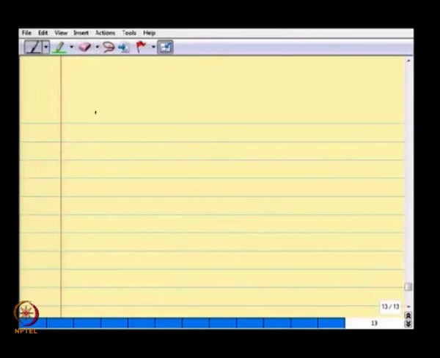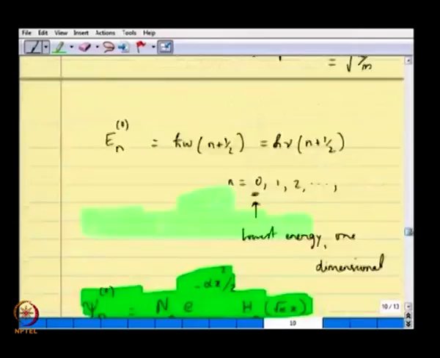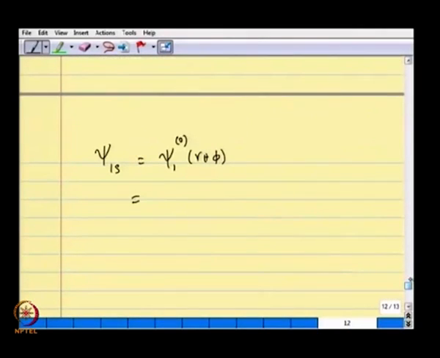The 1s wave function, psi 1s, which is psi 10 of r, theta, phi, is given by R10, the Laguerre polynomial to first order, and the spherical harmonic Ylm, which is Y00 theta phi, and this is a constant, it's independent of theta phi.